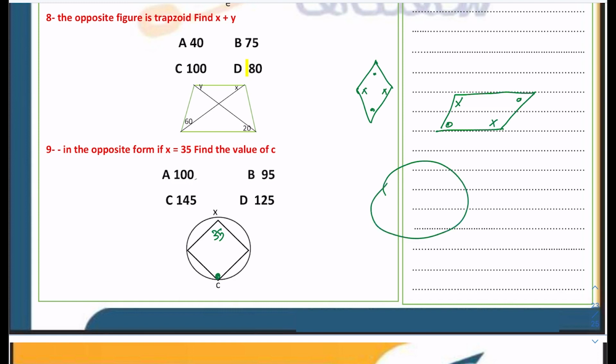But inside the circle, we have another rule. The sum of any two opposite angles is 180, not equal. So here I will subtract 180 minus 35. It will be 145. Focus on the difference between the two questions. And we have both in GAT.